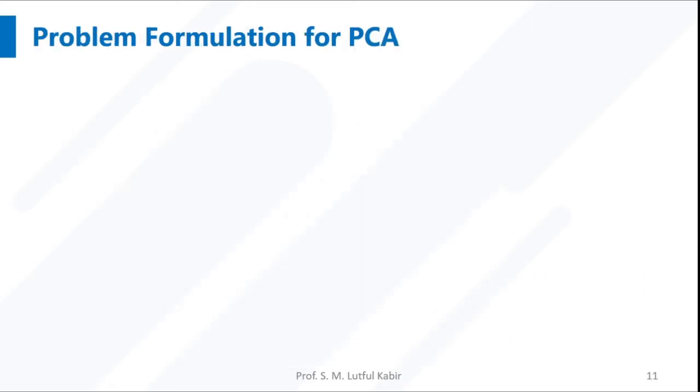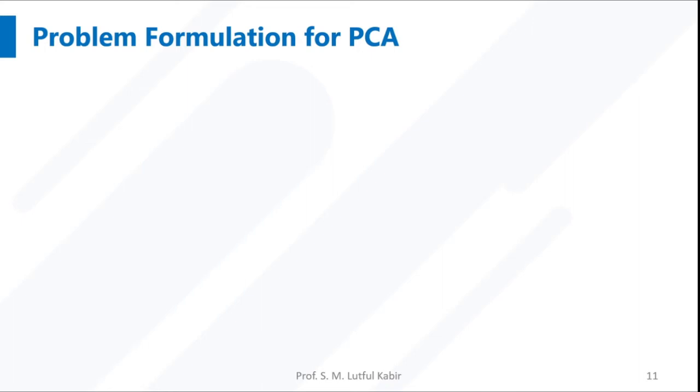Let us discuss about problem formulation for PCA. So how to formalize the problem of converting a certain dimension of data into a lower dimension of data. So PCA is one of the methods. It's not the only method.